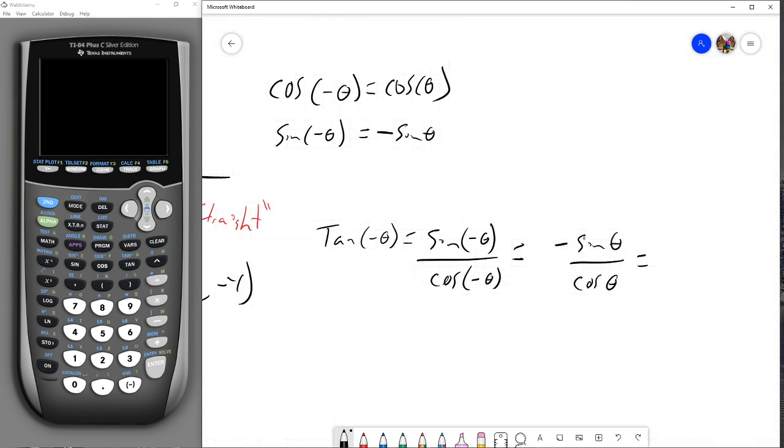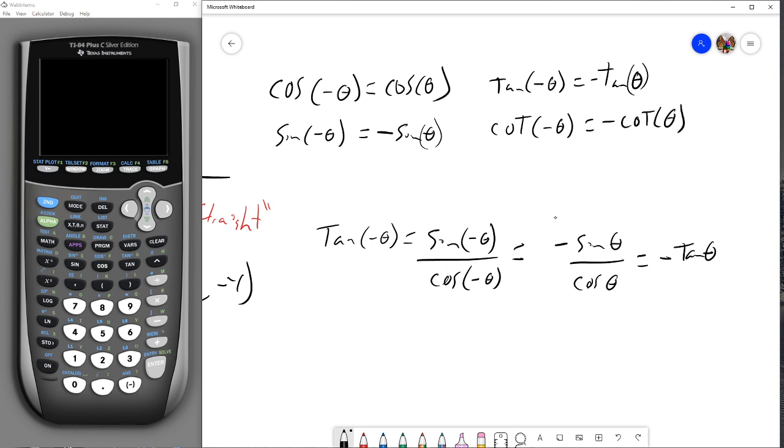And here it's negative 1 times this ratio of sine divided by cosine, so negative tangent theta. And the proof will be very similar for cotangent negative theta, so let's get these up here. Tangent negative theta is equal to negative tangent theta. And I guess we can put parentheses around these. Cotangent of negative theta will also equal negative cotangent theta.